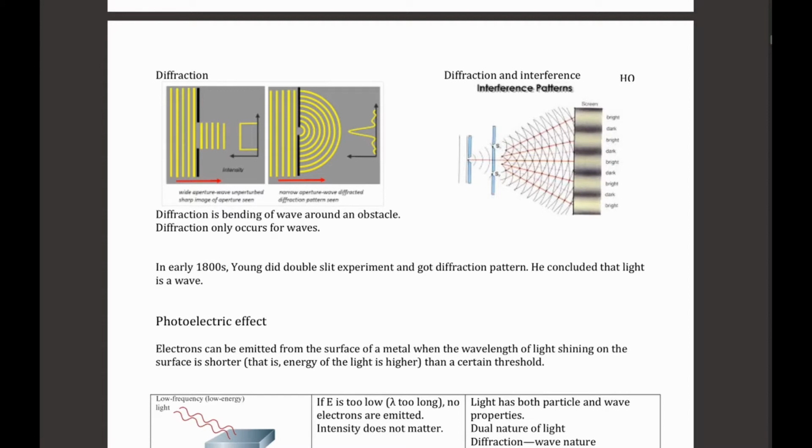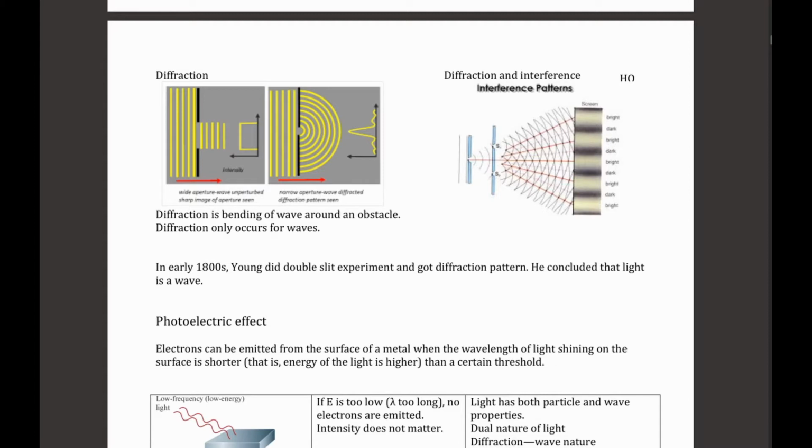Now we end up with two waves that are both bent. They both underwent diffraction and are coming toward each other. Where their crests or troughs meet, we get constructive interference. Where a crest and a trough meet, we get destructive interference.